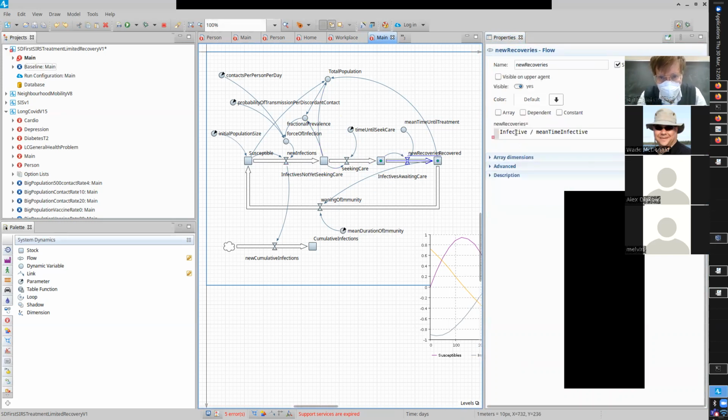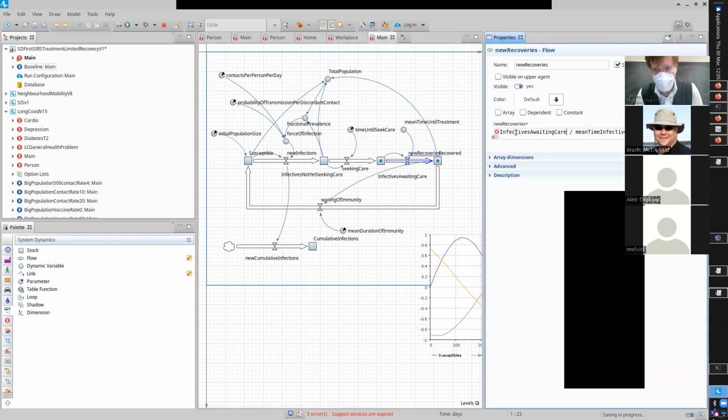The new recoveries will be given by infectives awaiting care divided by that. And it's going to be mean time until treatment, not mean time infected. Time until treatment.